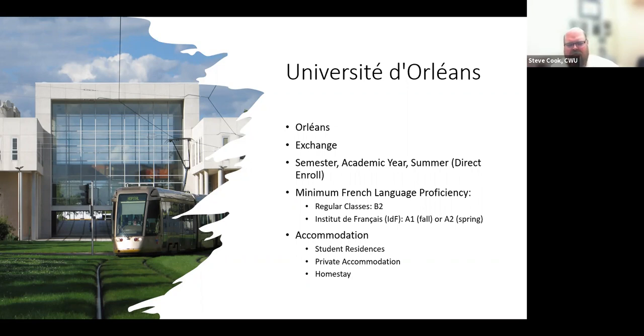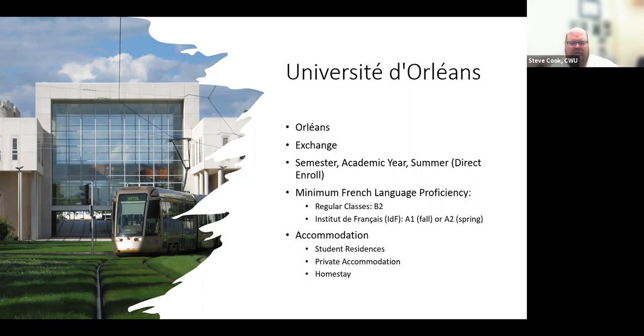Particularly if you're going through the French language institute or the Institut de Français. If you're going through regular classes, then it can be tricky because the French calendar for fall semester does tend to bleed over into what would be our winter quarter. The exams would end in January.